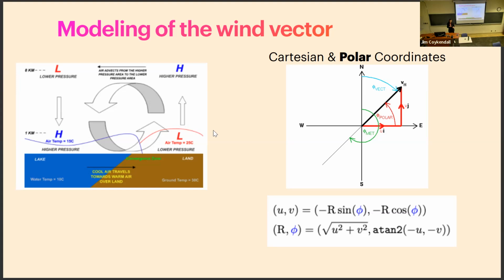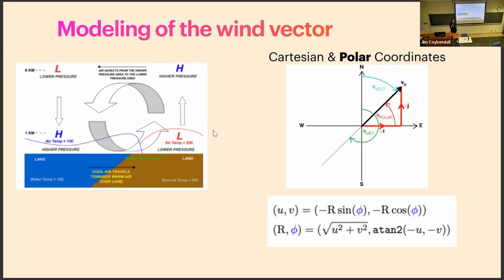There are two ways we can represent the wind vector. One way is through the Cartesian coordinates, labeled U and V on this slide. They are also called the zonal and meridional velocities. The second way to represent the wind vector is through wind speed and wind direction, labeled R and phi on this slide.